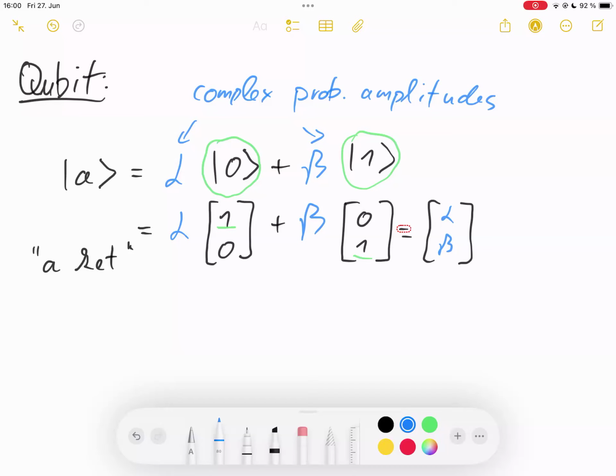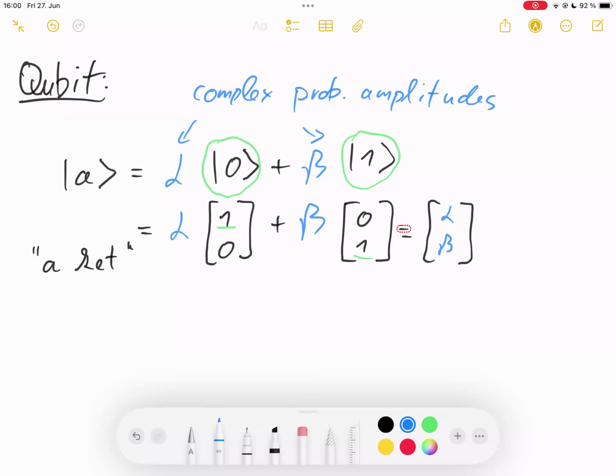But alpha and beta are complex numbers and not real numbers. What we are doing here is called complex linear algebra, because we use linear algebra structures like a vector and later matrices, but we don't plug in real numbers. We can also plug in complex numbers. So we talk about complex linear algebra, the linear algebra structures on complex numbers. But now you wonder, what do alpha and beta need to look like?